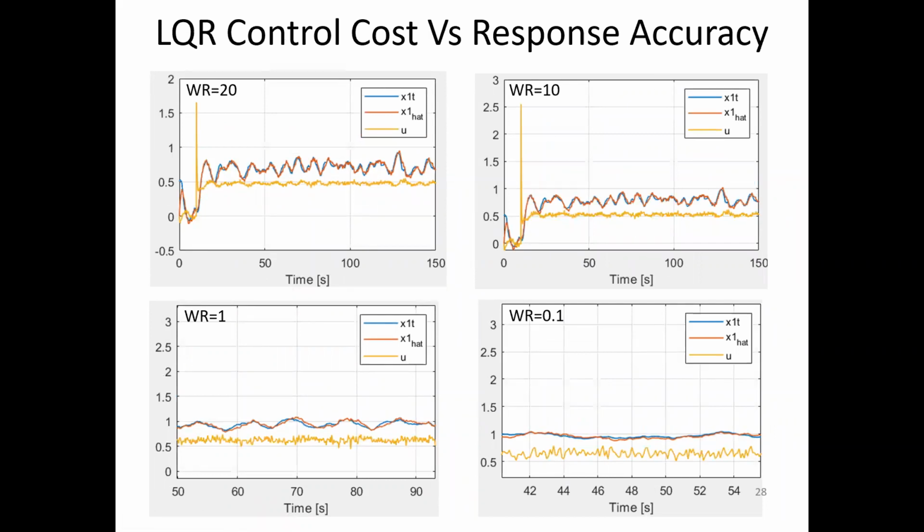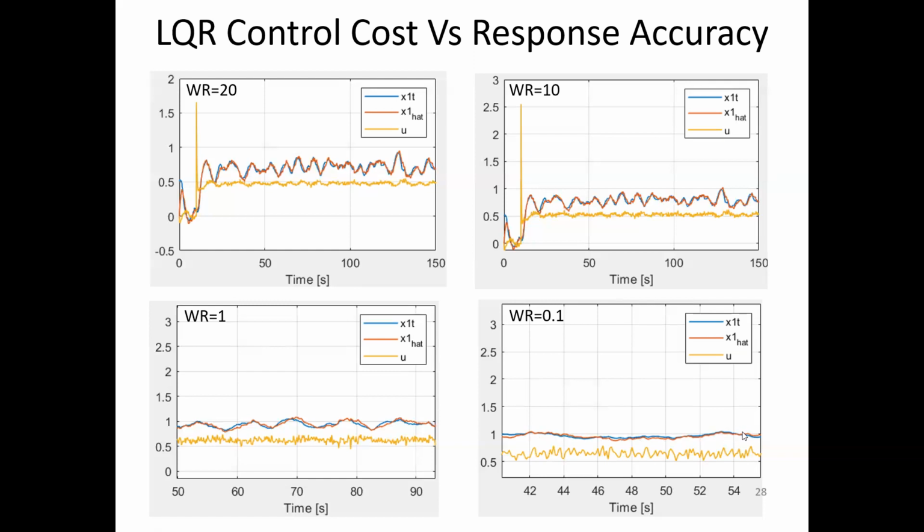Here we have different values for the cost of the control signal, starting with 20, 10, 1, and 0.1. Today we started with 0.1, which is what I left with at the end of the simulation sometime back.